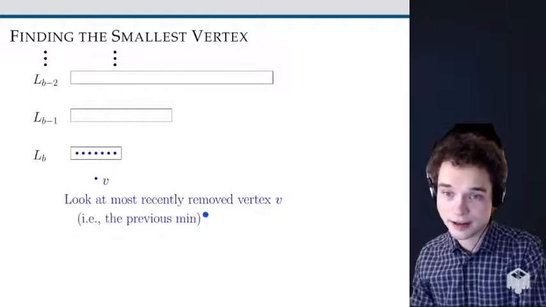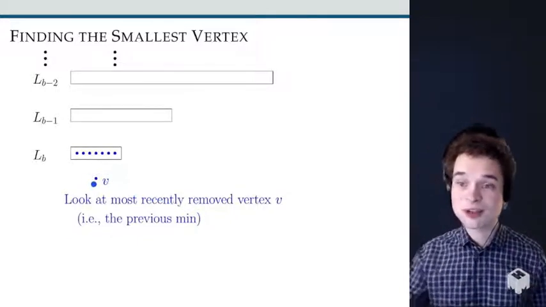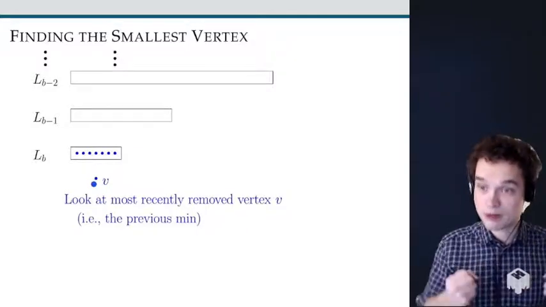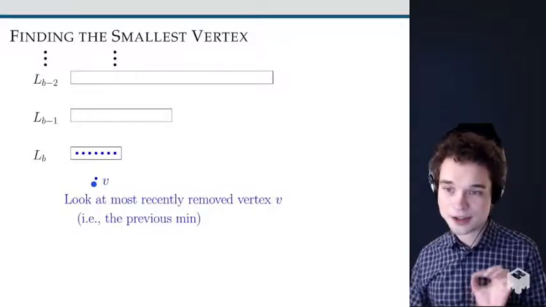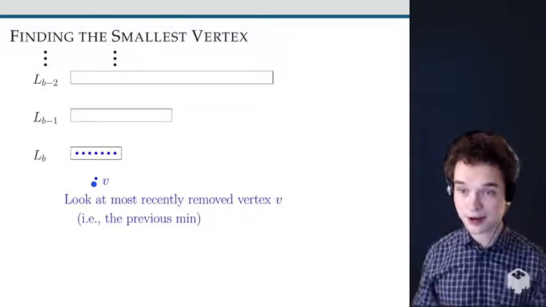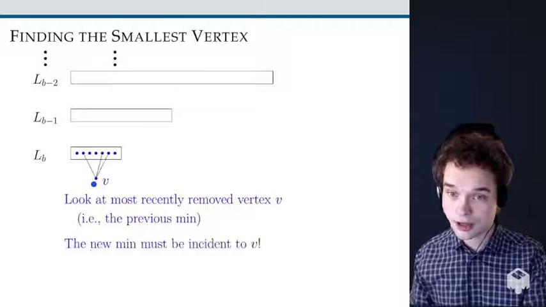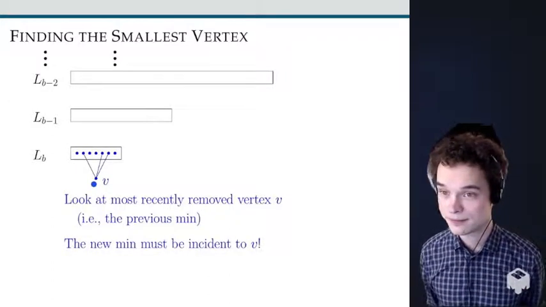So how do we figure out which of these root n vertices is actually the smallest? Well, here we use a trick. We look at the vertex v that we most recently removed, the vertex that a moment ago was the minimum, but we removed it. And we take advantage of the fact that the true ordering of the vertices has to appear as a path in our graph. So that means the new min, the vertex we're currently looking for, actually has to be incident to vertex v.